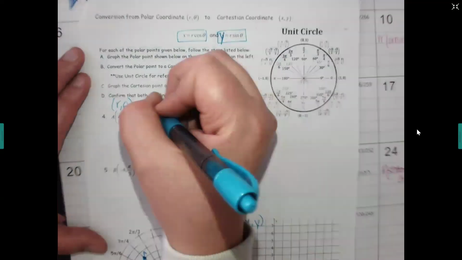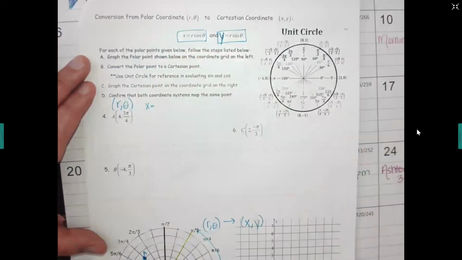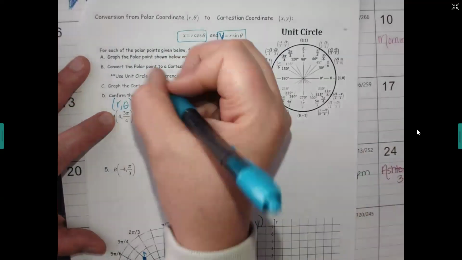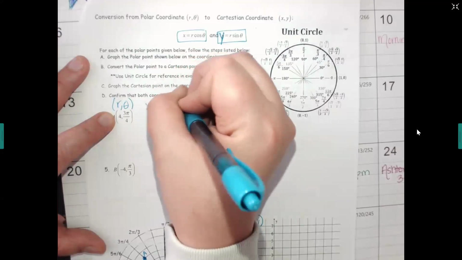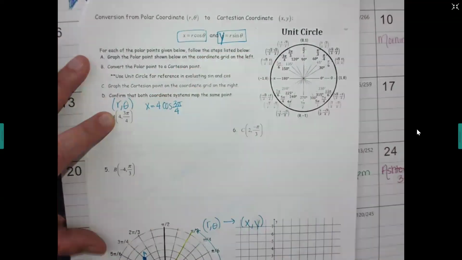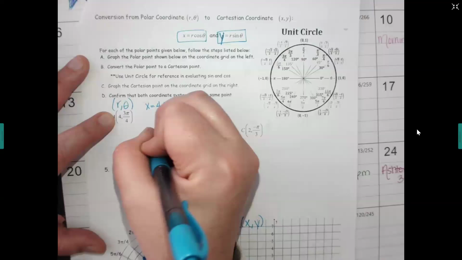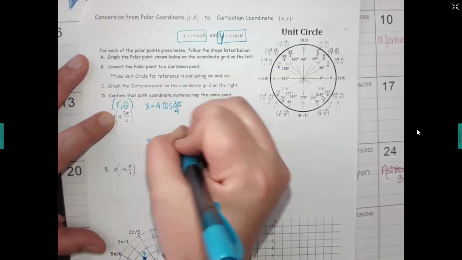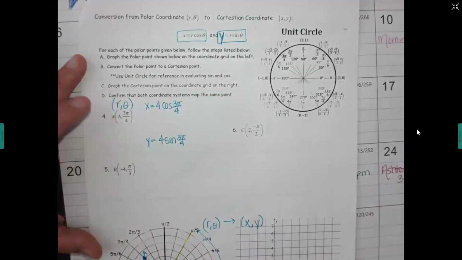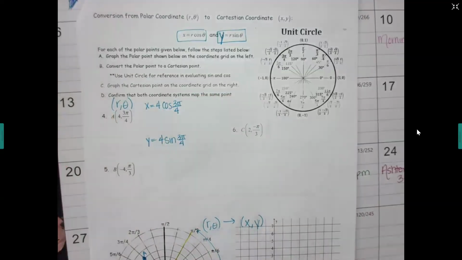So my X coordinate is going to be R is a 4 cosine 3 pi fourths. And then my Y is going to be a 4 sine 3 pi fourths. Now you have this little tiny unit circle.